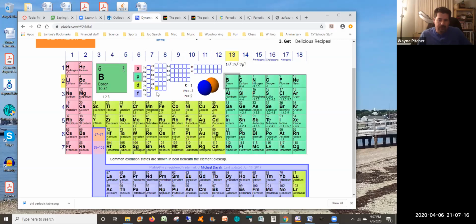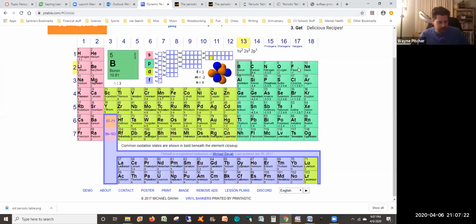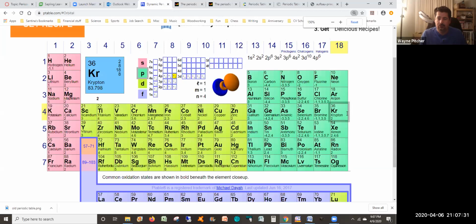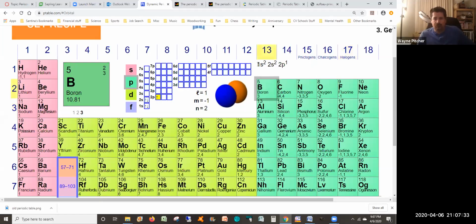Let me zoom in on these just a little bit here. There we go. So that's a little bit easier to see. Now you can see with boron, I've got highlighted here 1s2, 2s2, 2p1.